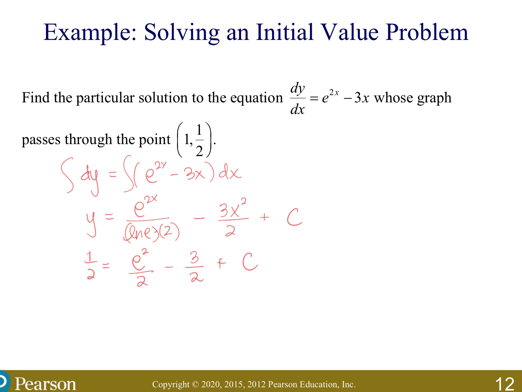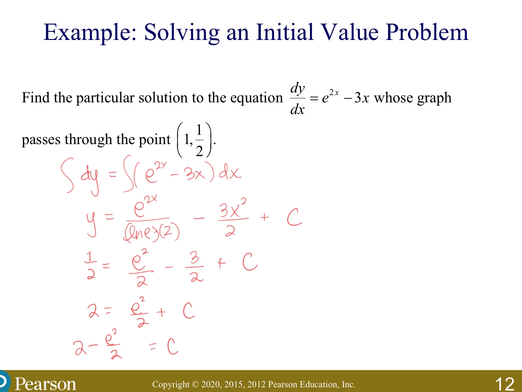Okay, how do you want to solve that? What would you guys do first? Could you add the 3 over 2 to the side? What would you get? 2. Yep. 2 equals e squared over 2 plus c, which means c would be 2 minus e squared over 2.